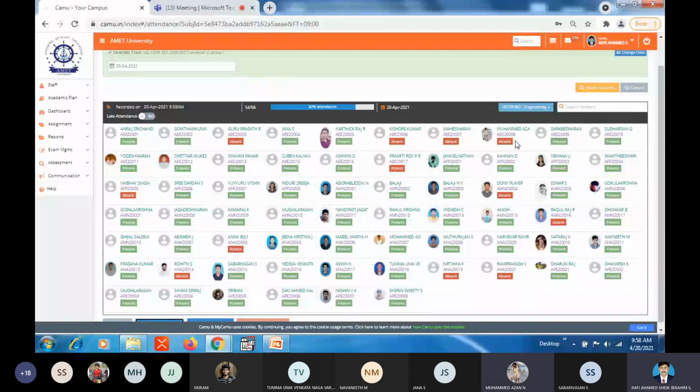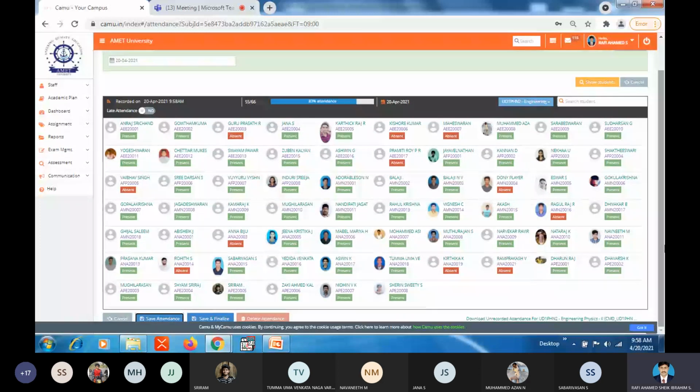Okay, Azan present. Any other? Kirtika, Ram Prasad, Rohit, Anne Baiju. From the petroleum department, all are present. So that's all. Thank you all.